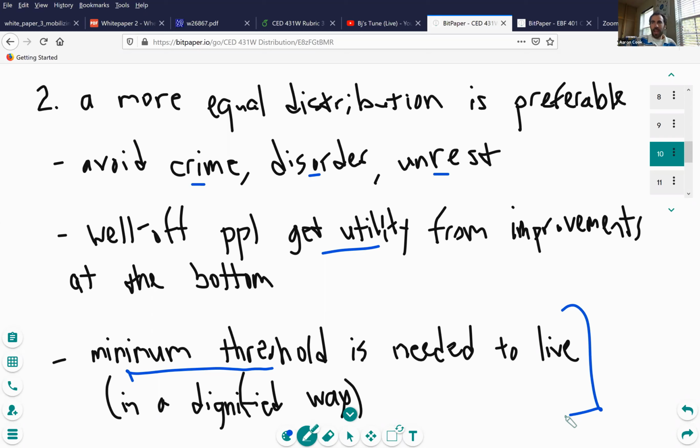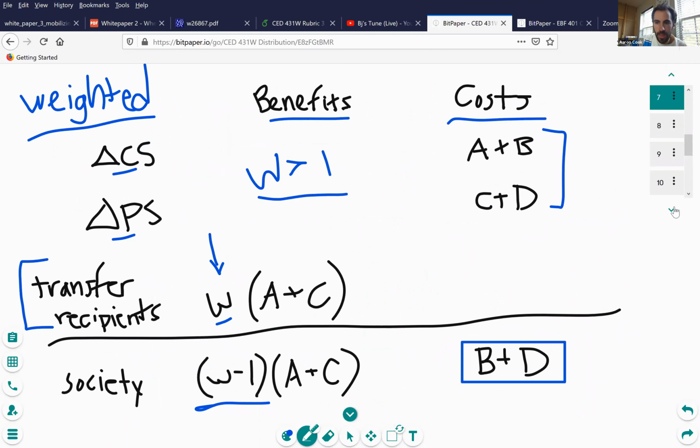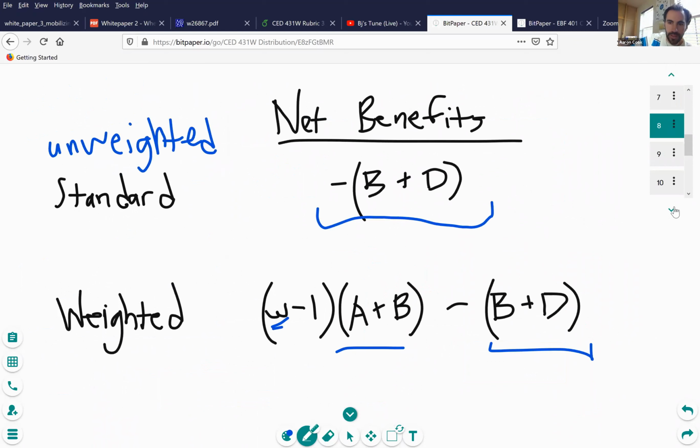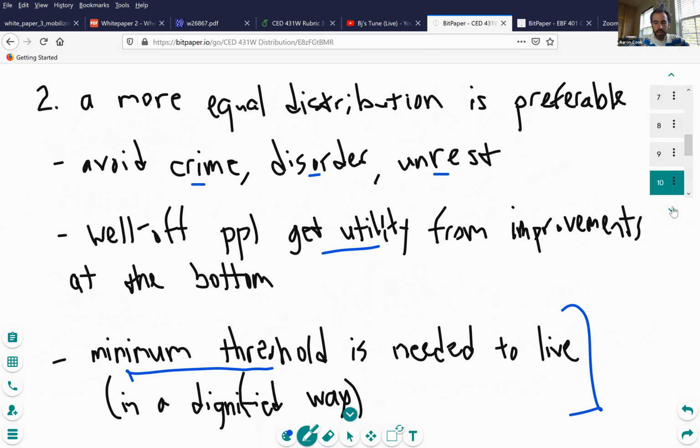We want to live in a society where even if you are dealt a bad hand, you're still able to meet your basic needs and live in a dignified way. And that could be just another reason why such transfer programs, even though they might come out with negative net benefits, as we saw, if you're just using unweighted cost-benefit analysis, could be desirable: just wanting to provide social insurance.